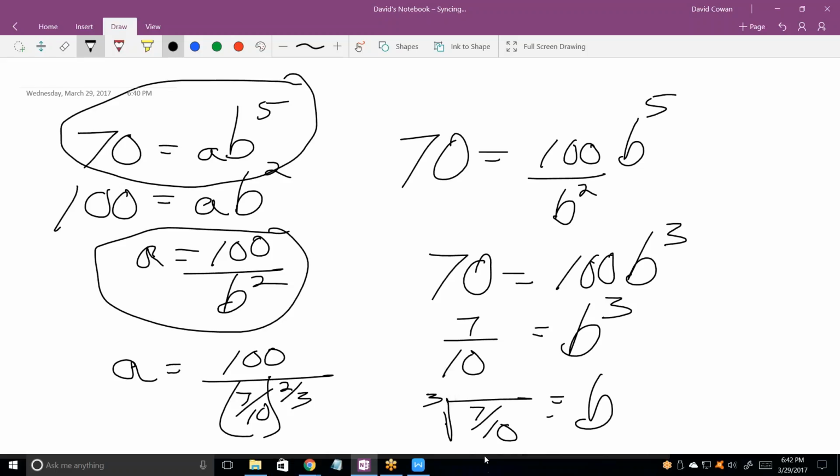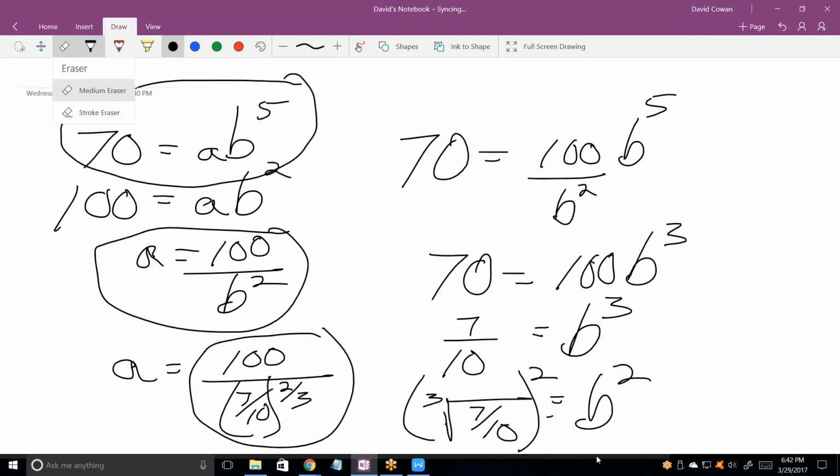And you see how I got that? If I square b, it's squaring both sides. So b squared equals 7/10 to the 1/3 squared, which is 7/10 to the 2/3. So there's a number for A, and there was a number for B, cube root of 7/10.